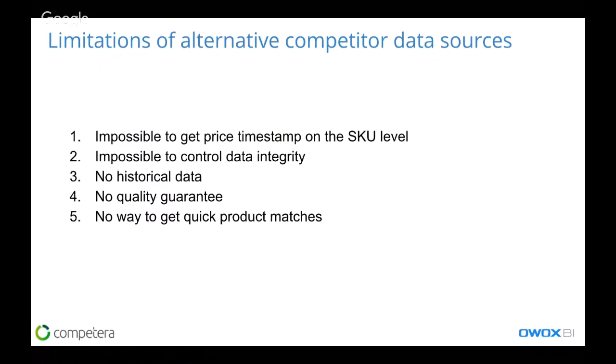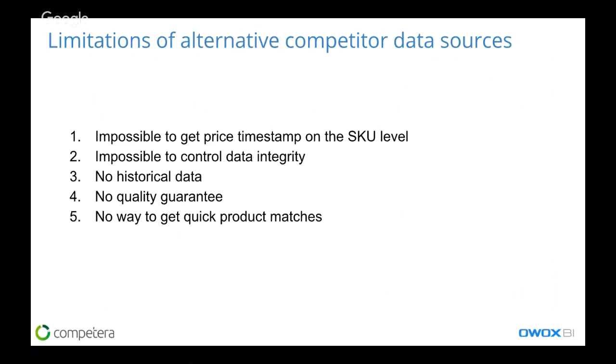And what does it mean? It means that we are not going to be able to build our market price index to see how we compare with the competitors during a certain timeline. And also, there is no way to measure price elasticity and many more.